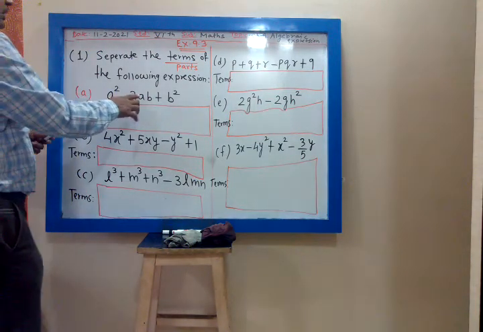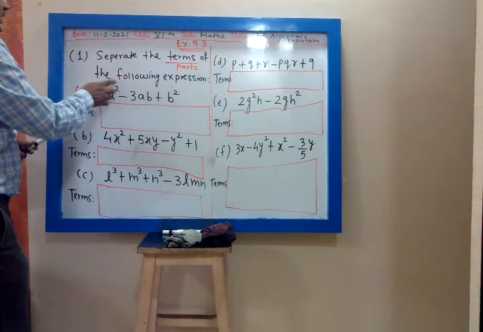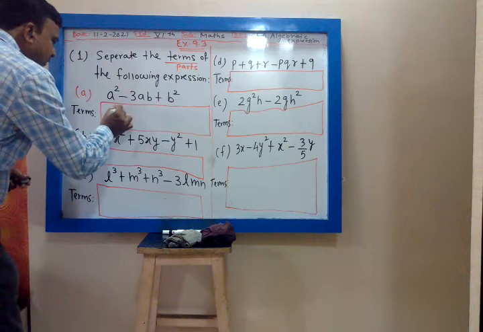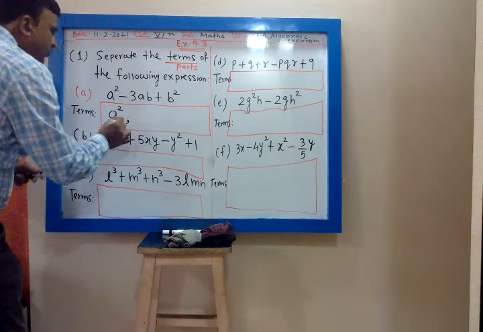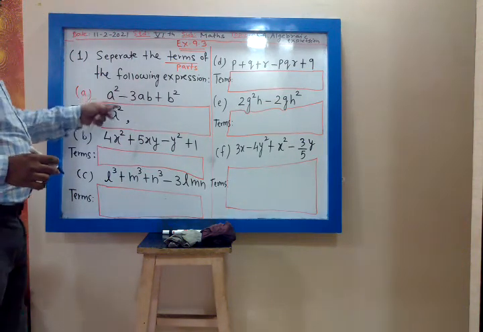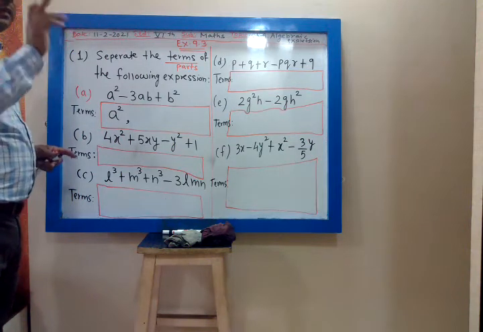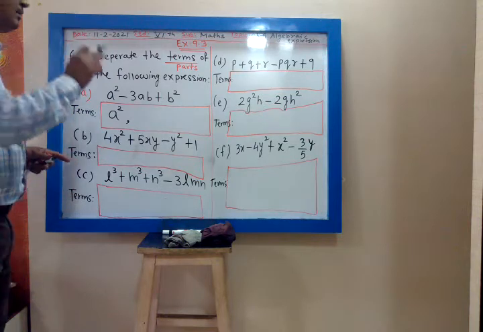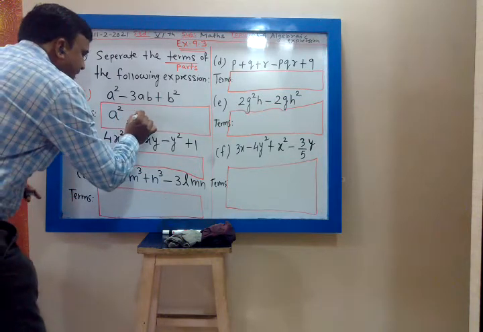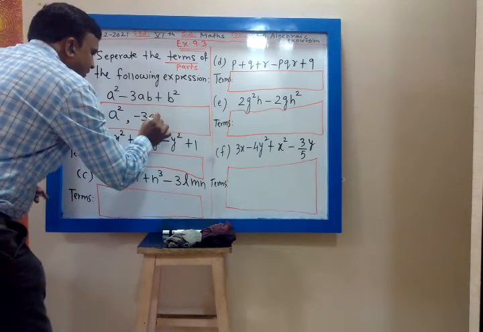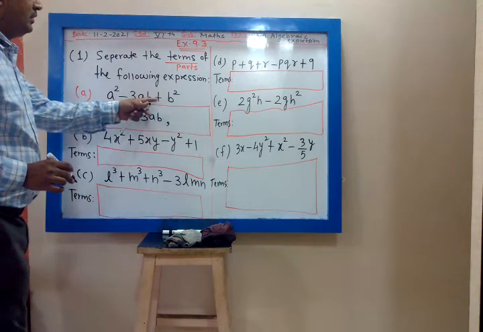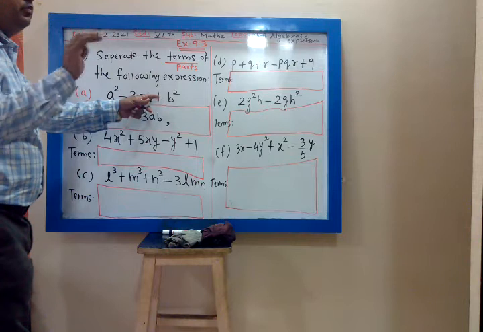You remove those signs, and you take the minus sign with that part. What is the first part? A square. Then I will write comma. What is the second part? Minus. That minus sign you have to take with that part. So minus 3ab, second part. Then comma b square.